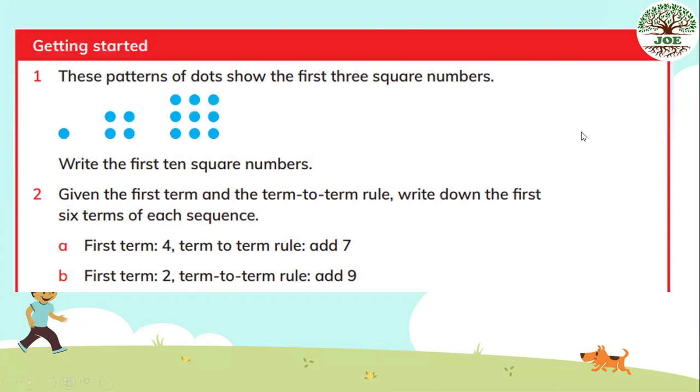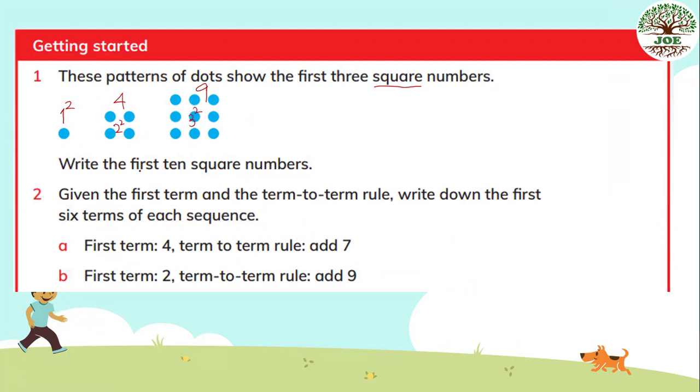Number one: these patterns of dots show the first three square numbers. This is the keyword. The first one is 1, the second one is 4, and the third one is 9. So they are 1 square, 2 square, and 3 square.